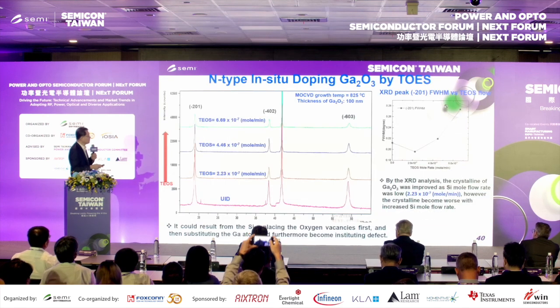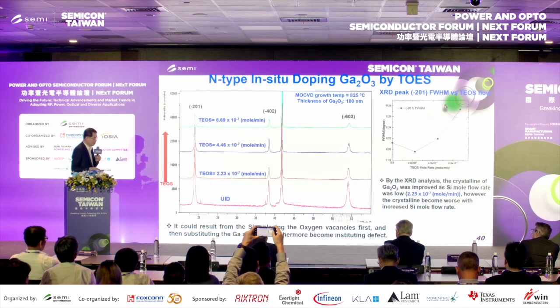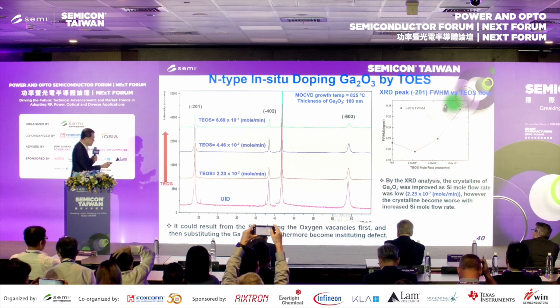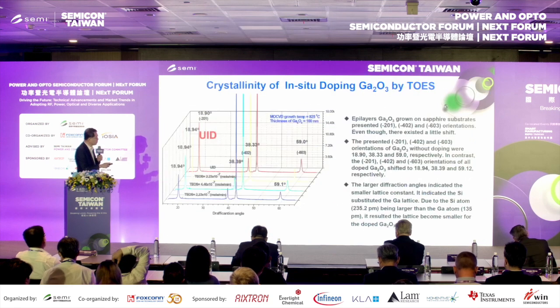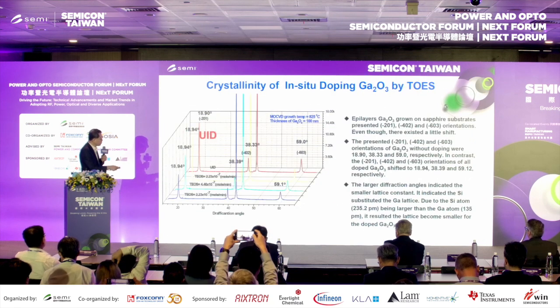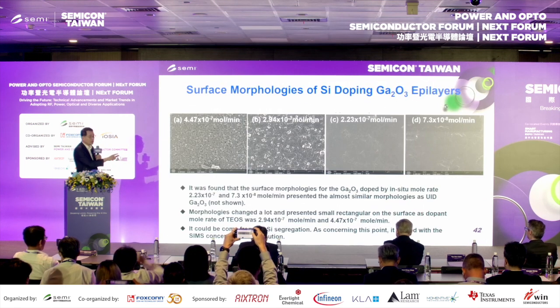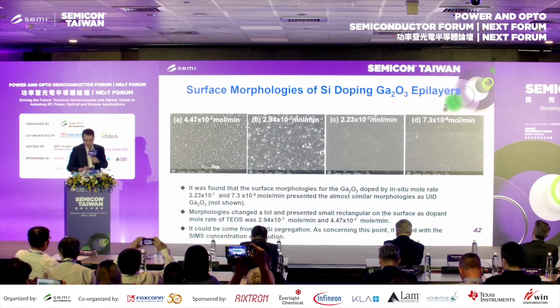Then we use the tail source in the MOCVD, and this is for different concentrations, and different concentrations also achieve different crystallinity and surface morphology.